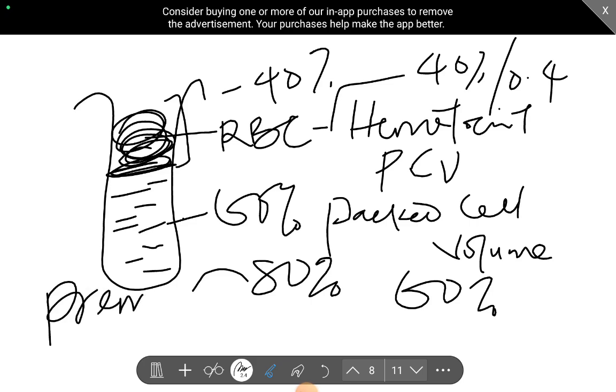Also, as people age, the water component tends to drop.